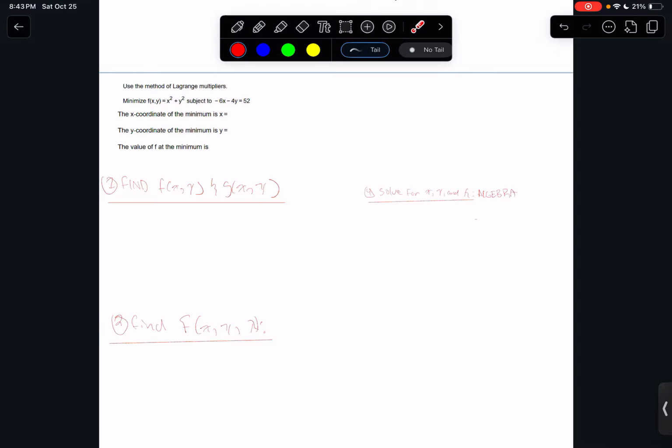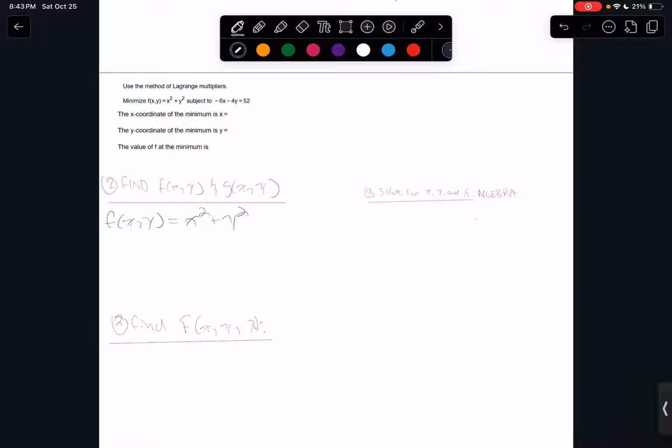Our first step is to find f(x,y) and g(x,y). f(x,y) is clearly listed here. There's no denying that f(x,y) equals x squared plus y squared.